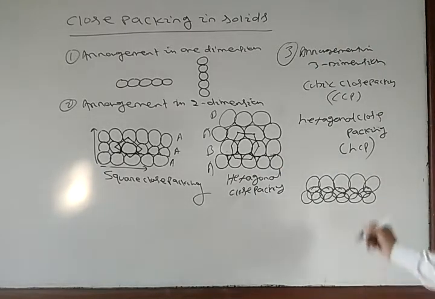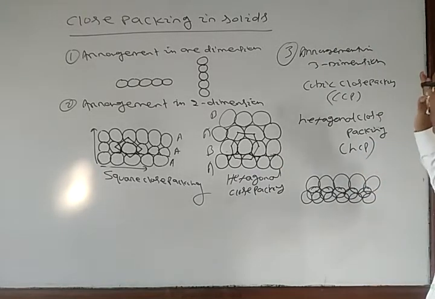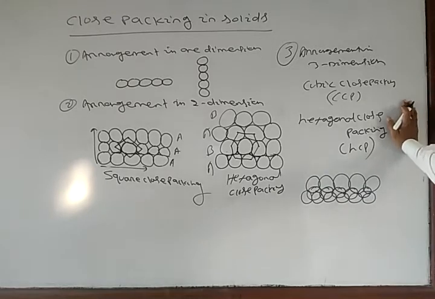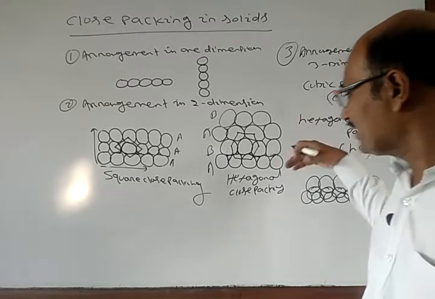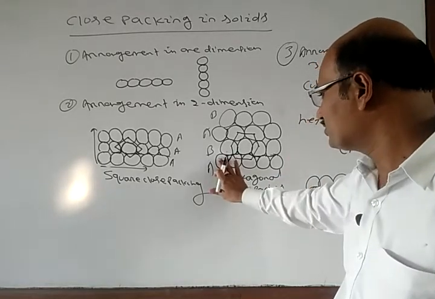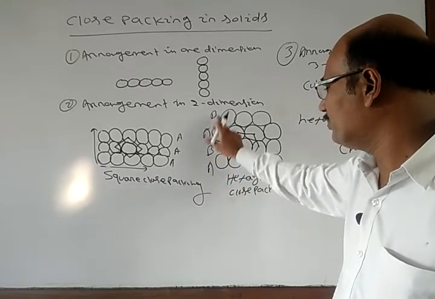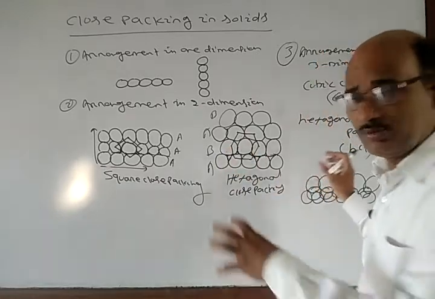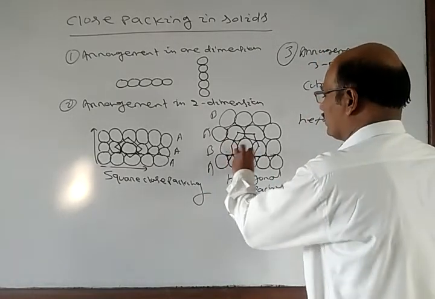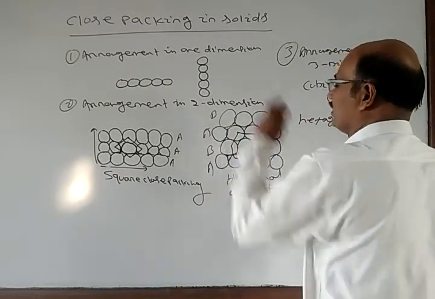To get the close packing in 3 dimensions, we can go for cubic close packing, or we can go for hexagonal close packing. We can put the next layer just above these layers, A B. Again we can put the layer upon this, so A B A B layer.